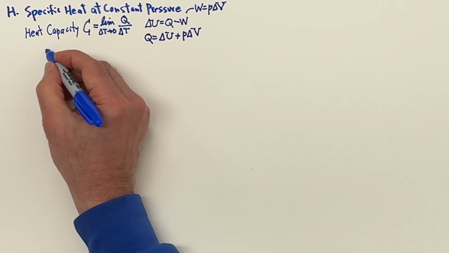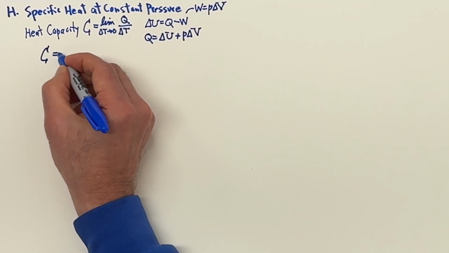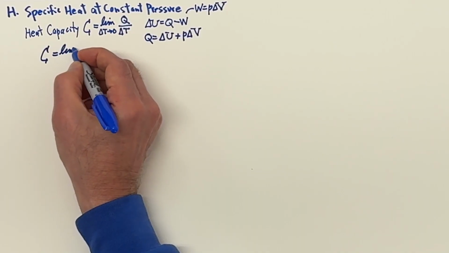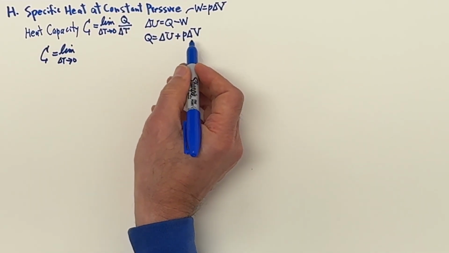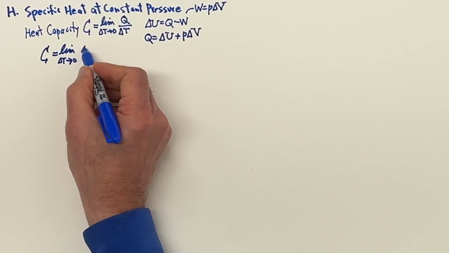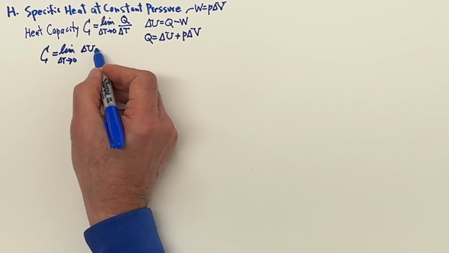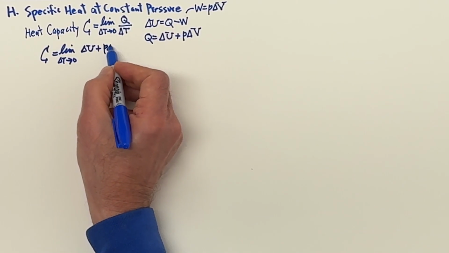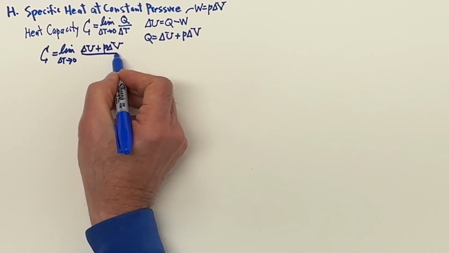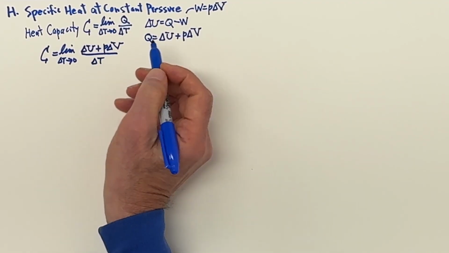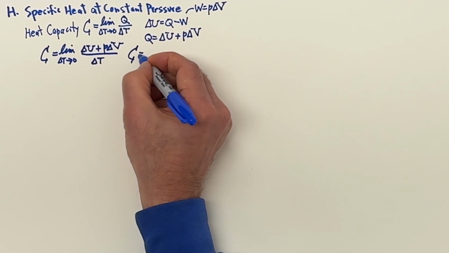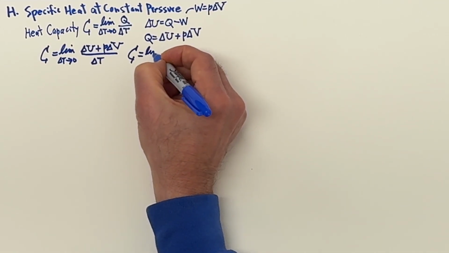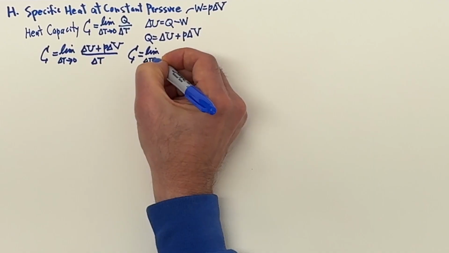So then we come over here and we can take the limit of delta T going to 0. And for the Q, we put these in. We have delta U plus P delta V all over delta T. So that means the heat capacity can be written as two terms.